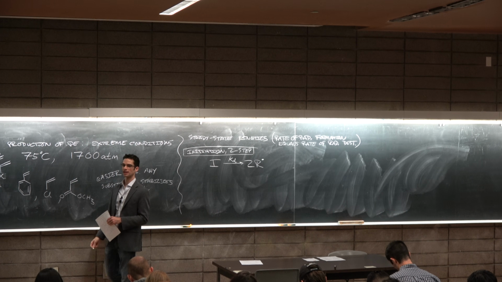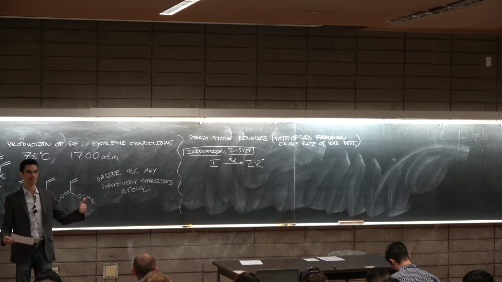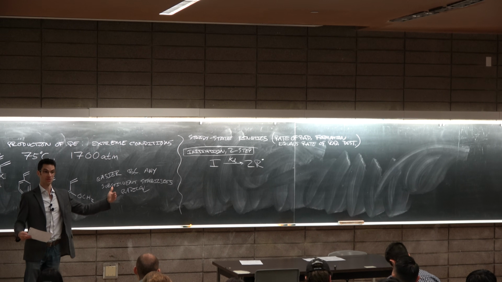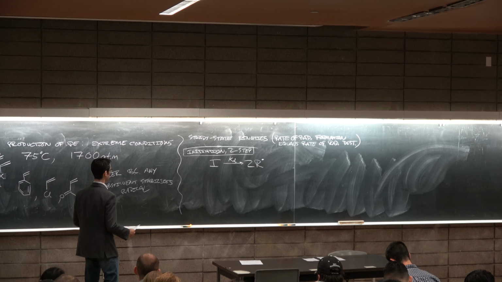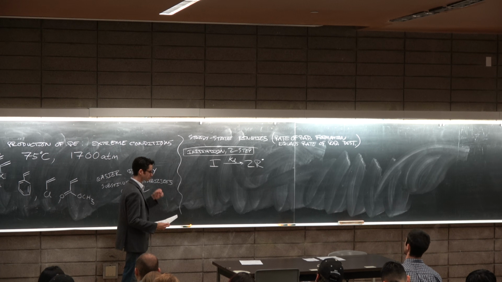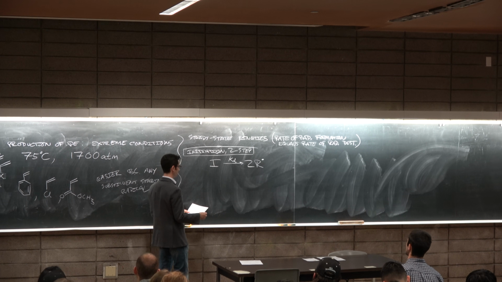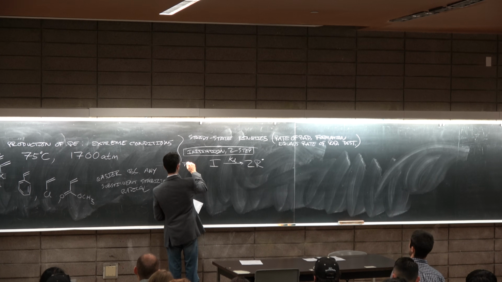So you get 2 initiating species per molecule of initiator that you add. And that's true with both dibenzoyl peroxide and also azoisobutyryl nitrile, or ABIN. So this is decomposition of initiator.